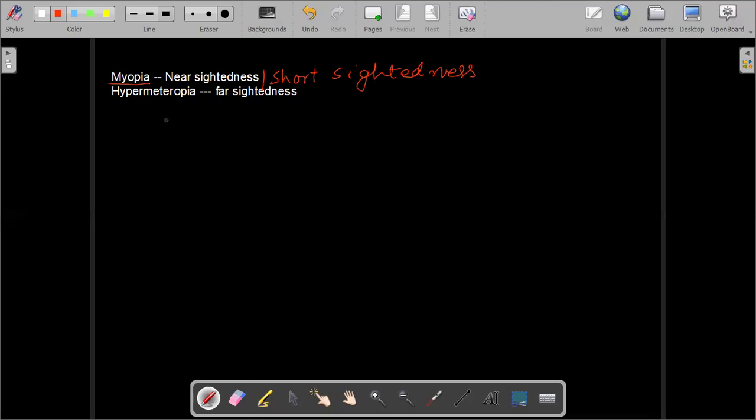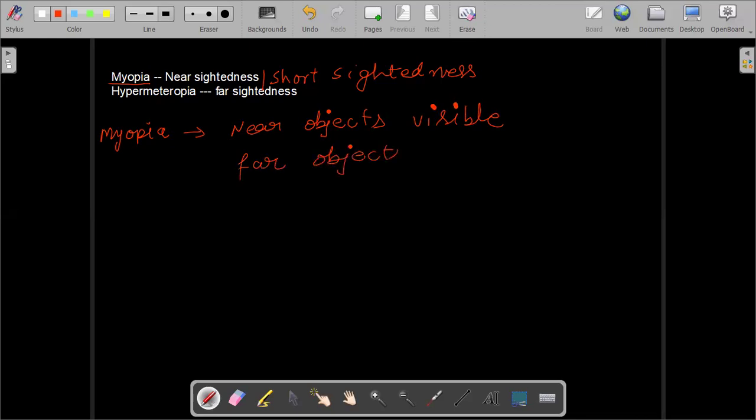So if a person is suffering from myopia, the person will be able to view near objects. So near objects are visible, but far objects are not visible.